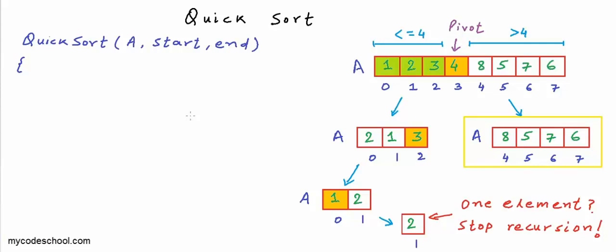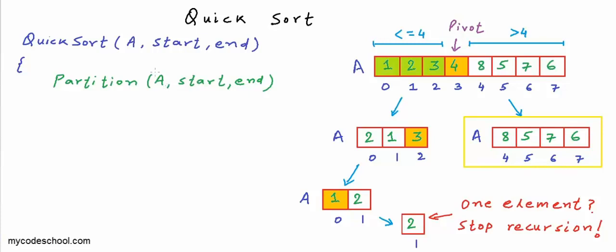Initially we will call the quicksort function passing it start index 0 and end index length -1, so we will pass the whole array. Things will be clear when I'll write the body of this function. Now in this function, first we will make a call to partition the array, and to partition also we will pass the array, the start index and the end index, to tell that you need to work only on this segment.